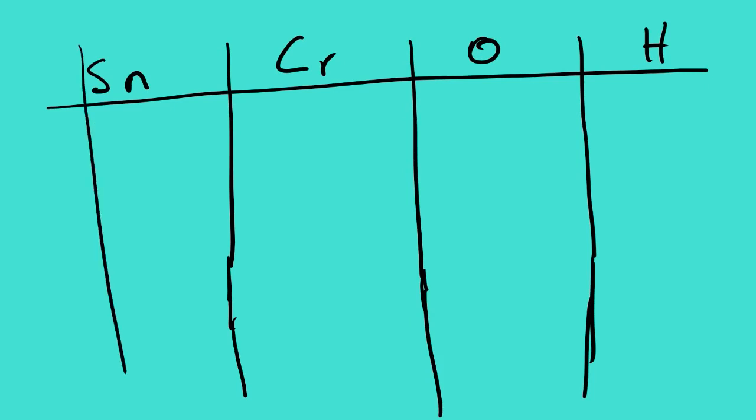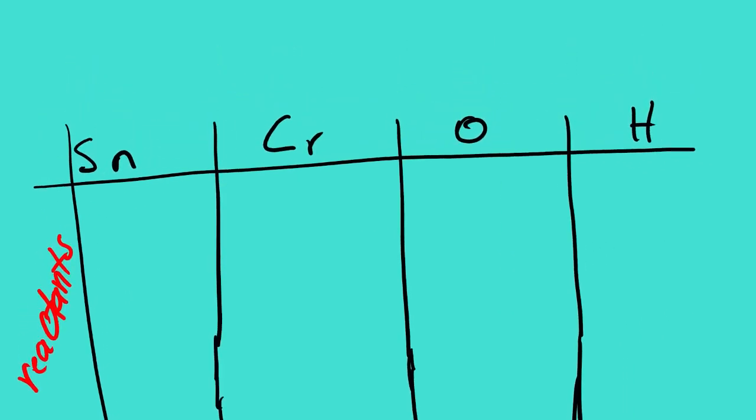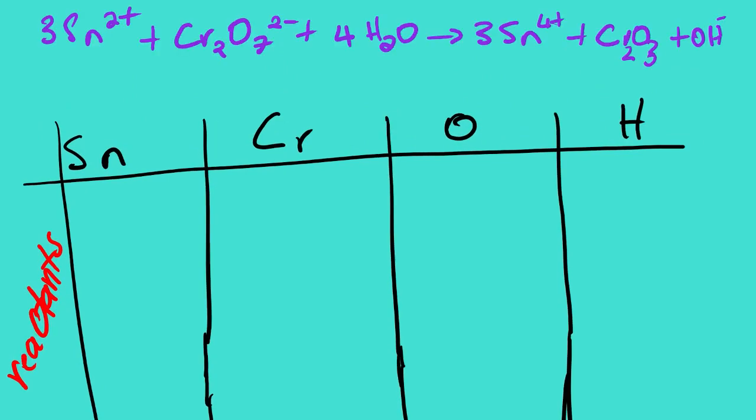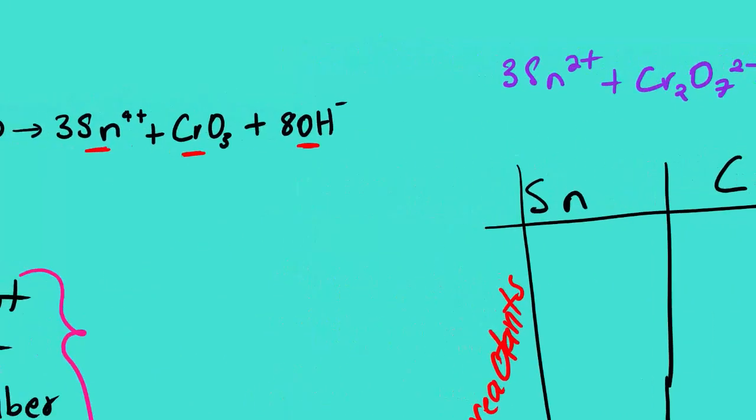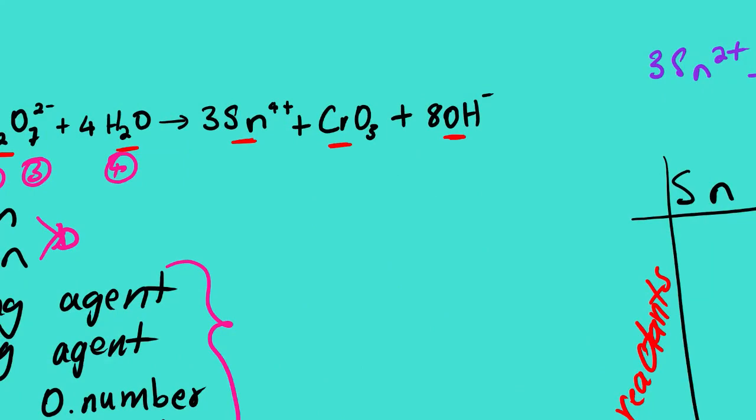For this table, I'm only going to focus on reactants, that is before the arrow. Okay, before we continue, let us quickly rectify this equation. This is supposed to be Cr2.